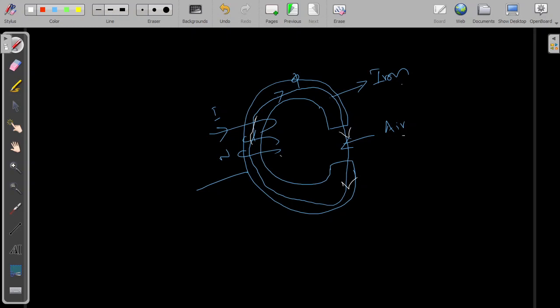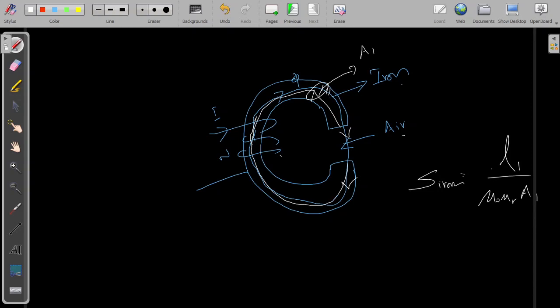This iron will have a reluctance S iron, equal to L divided by mu 0 mu r into A, where L is L1, the length up to here, and A is A1, the cross-sectional area.